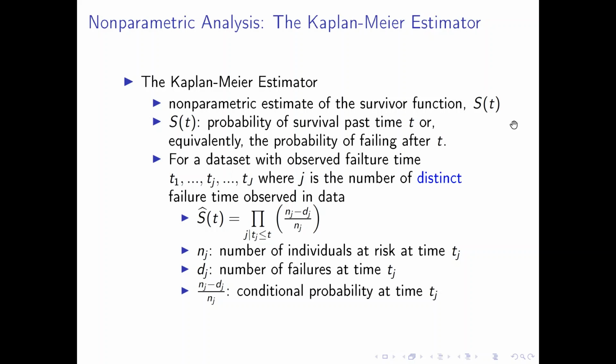So let's say for a data set with observed failure times denoted by t1, t2 to tJ, and uppercase J is the last distinct failure time, where J is the number of distinct failure times observed in the data.